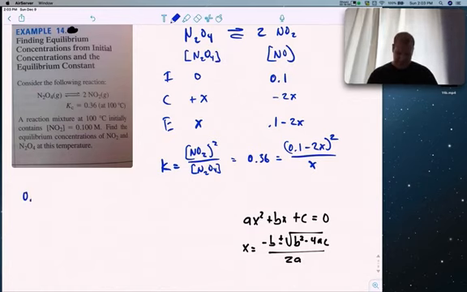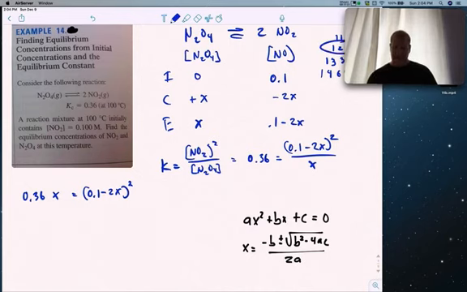So 0.36 times x equals (0.1 minus 2x) quantity squared. Now here's a math trick. There's something called Pascal's triangle. So this is Pascal's triangle. And with the second line here, you can use that relationship to FOIL this one squared.